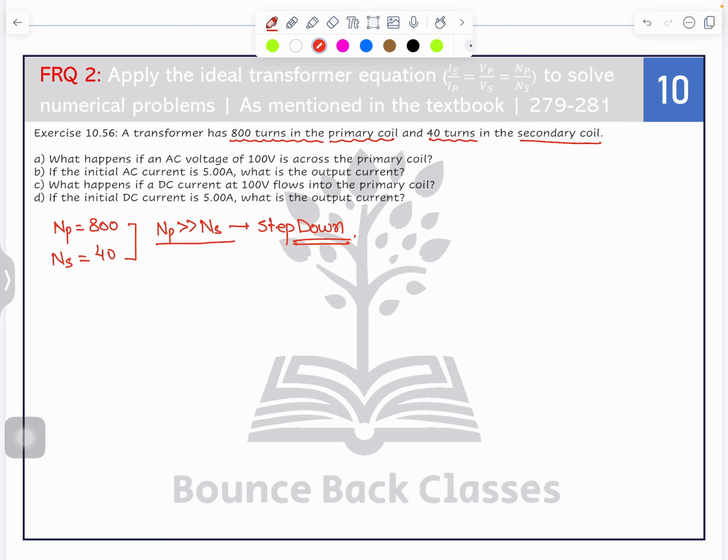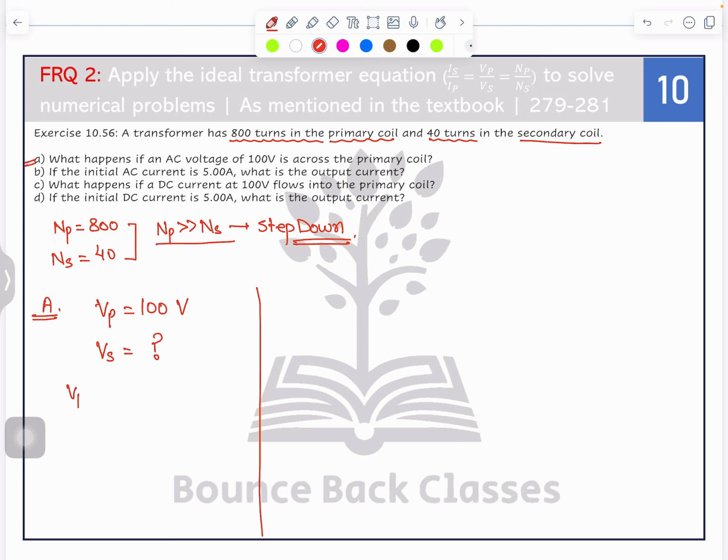Okay. What happened? Part A. What happened if the AC voltage of 100 volt is across the primary coil? It means what is given? VP is given 100 volt. Okay, so what we can find here? Just think. See, VP we have, so what we can find? VS. Yes or no? We have a simple formula.